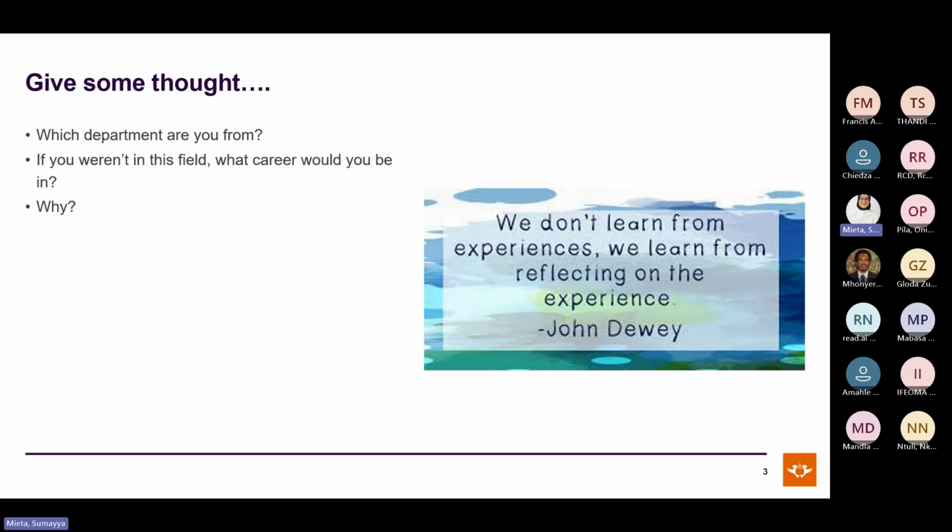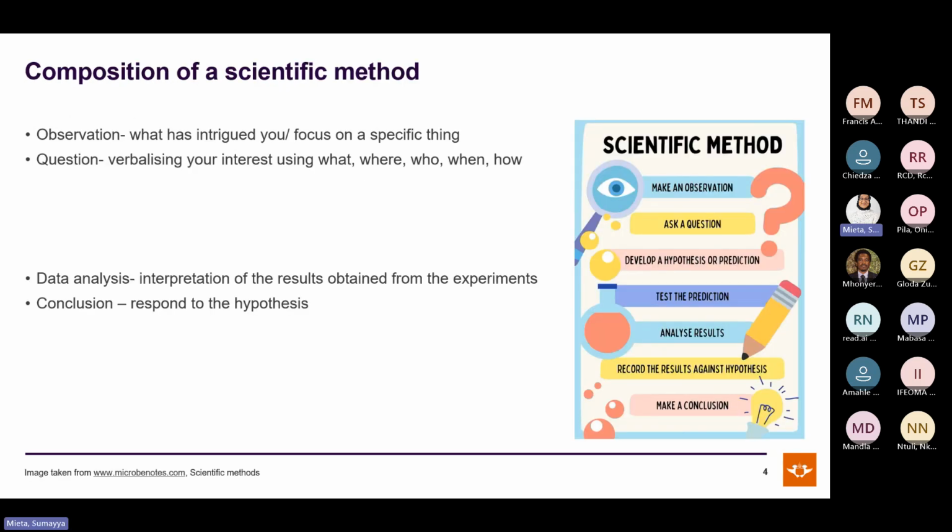Okay, so I will continue. When we talk about formulating hypotheses and designing experiments, it doesn't start there. It starts with an observation. An observation is on something that has intrigued you or something that you want to focus on.